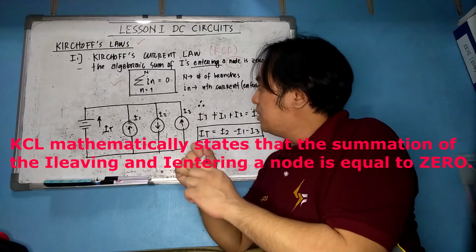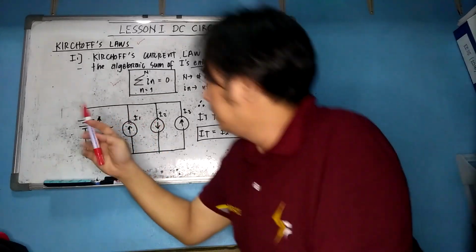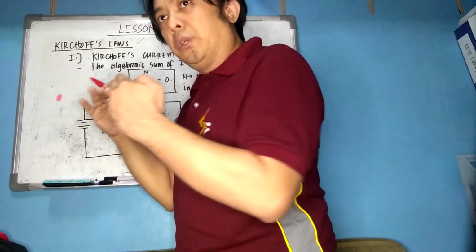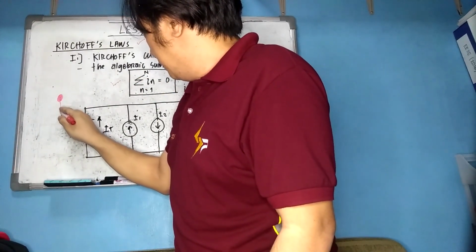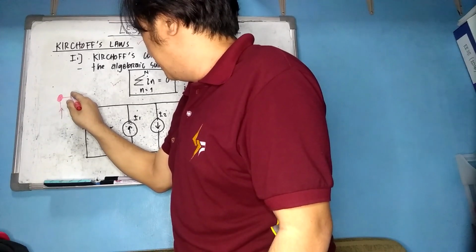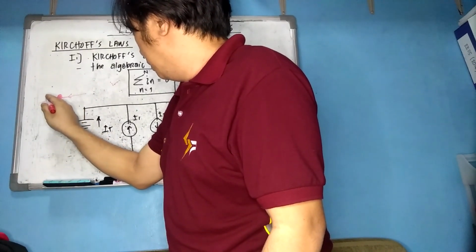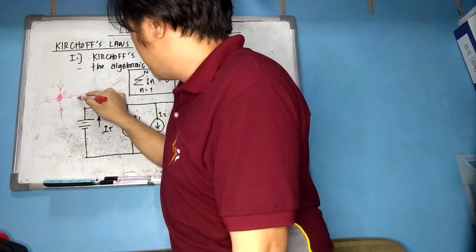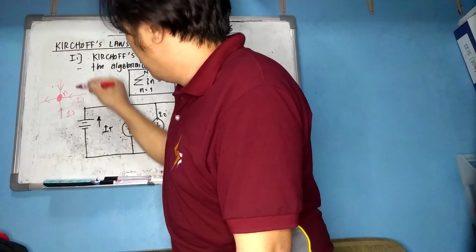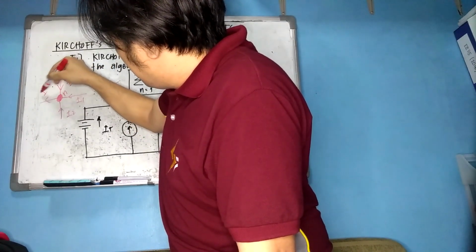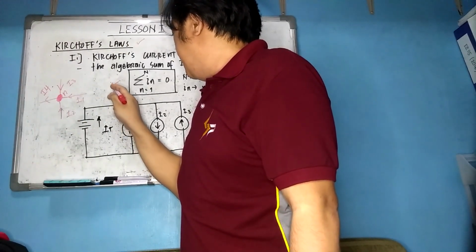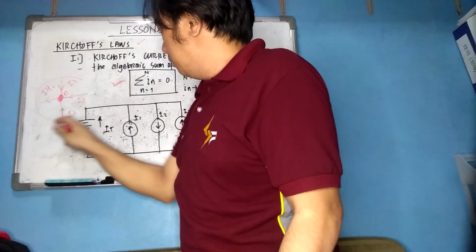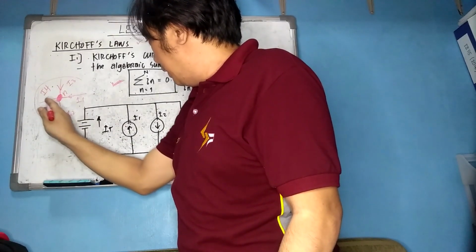Okay, to understand this further, we can have here a node. A node is a point of interconnection of all of the branches. For example, we have this scenario. This is your node N, and for example, this is I1, this is I2, this is I3, and this is I4. To represent this mathematical equation, it will depend on the arrow sign.